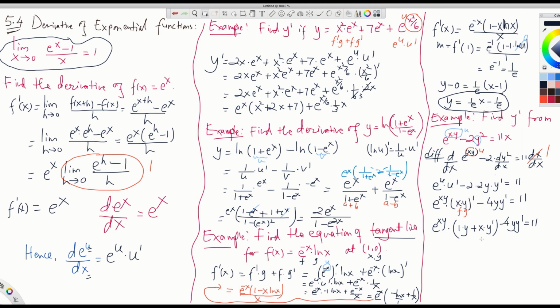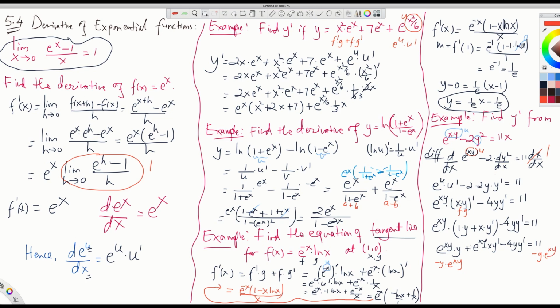Now our goal is to solve for y prime. So how do I do that? Let me distribute this. E to the xy times y plus e to the xy times xy prime minus 4y y prime equals 11. And again our goal is to solve for y prime. Let me subtract y times e to the xy from both sides.